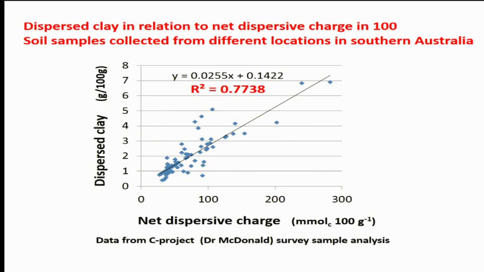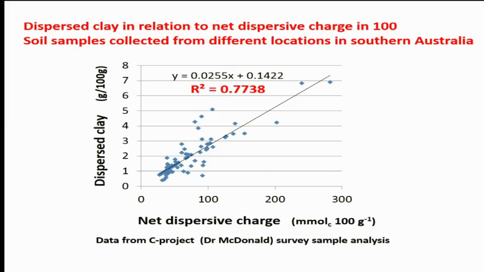Now, when I was proposing this hypothesis, I was discussing it with Jack earlier, 2 months ago, and then I had a chance. In the carbon project by Glenn McDonald, they had collected about hundreds of soil samples from all over southern Australia, from different depths and different types of soils and so on. They had analyzed for exchangeable cations.